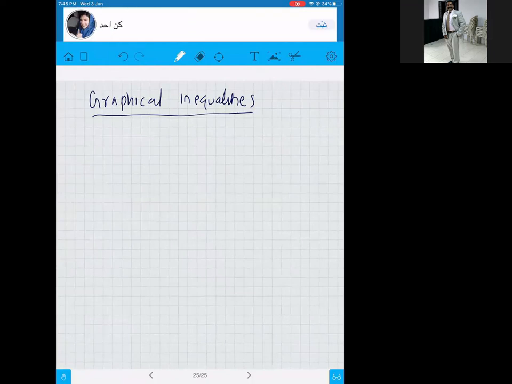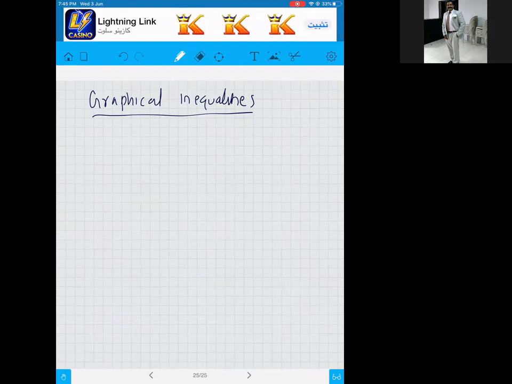Graphical inequalities is the name of the chapter, about how to represent inequalities on a graph. This is a very, very important chapter for IGCSE. So what is graphical inequalities?